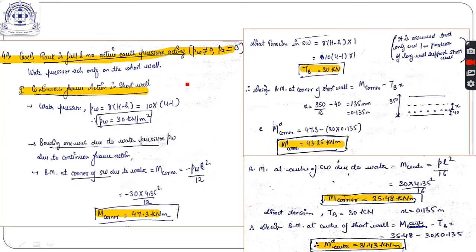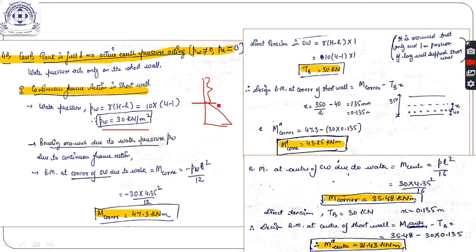Now similarly we will do the same procedure when the tank is full, that is when water pressure is active. When the tank is full, the water pressure at the level of the continuous frame action will be gamma w into H minus h, because as we explained earlier, the continuous frame action is acting on the top portion only.